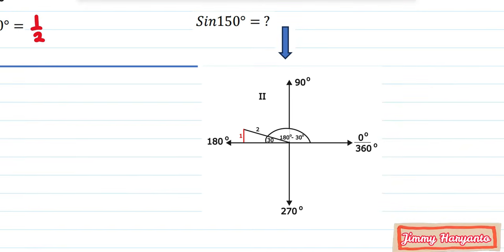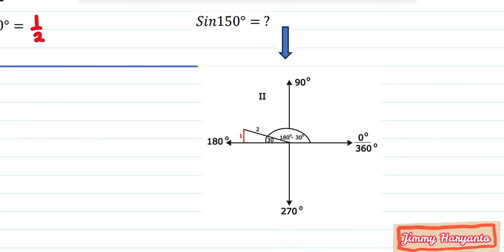I zoom in. So we have 150 degree like this. And if I want to find this angle, it will become 180 minus 150 equals 30. So I get 30 degree right here.